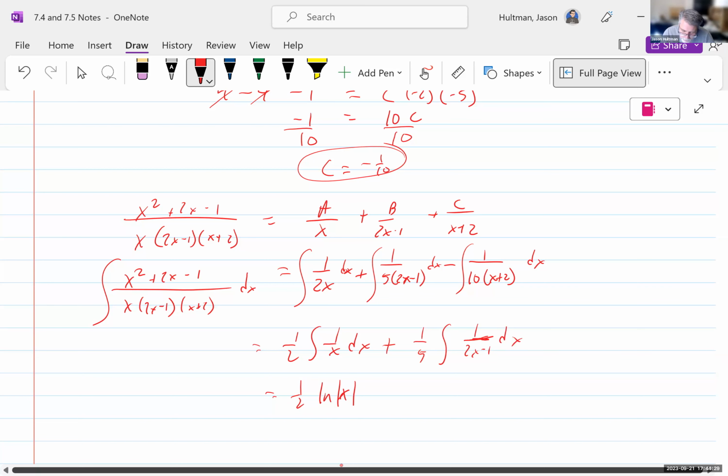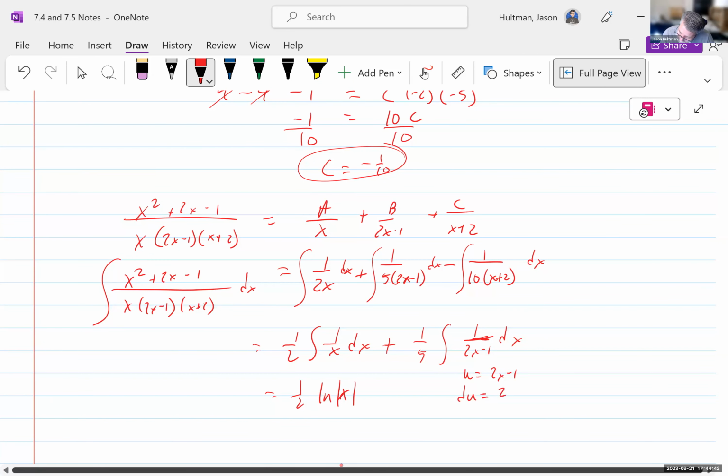Now here I'm going to have to do a u-substitution. u is equal to 2x minus 1, du is equal to 2 dx, and so du over 2 is equal to dx.